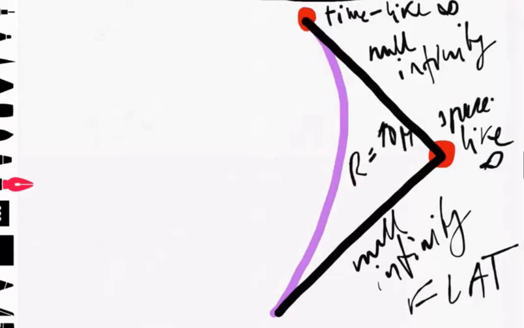And by the way, I am assuming here that c equals G equals 1, okay? And therefore, the radius has units of mass. This is just because I want to do this and because I can do it. So I'm going to draw now different lines for different radii.